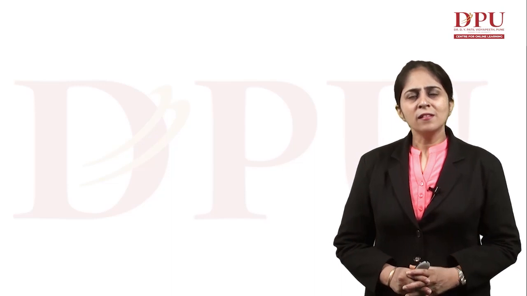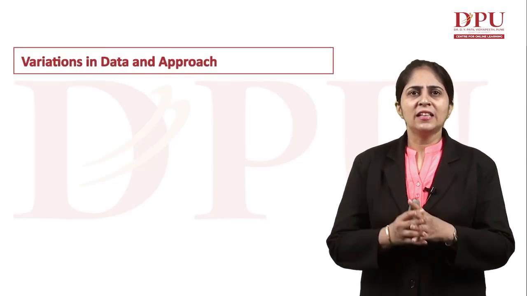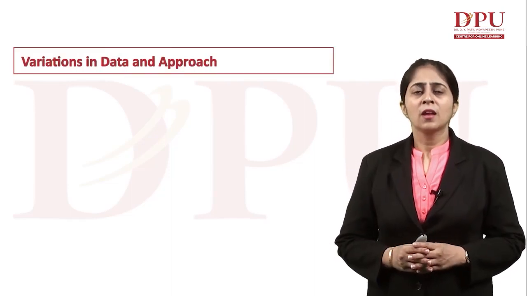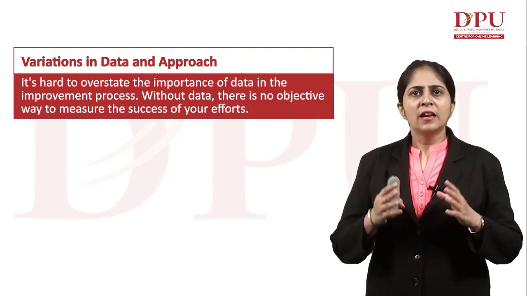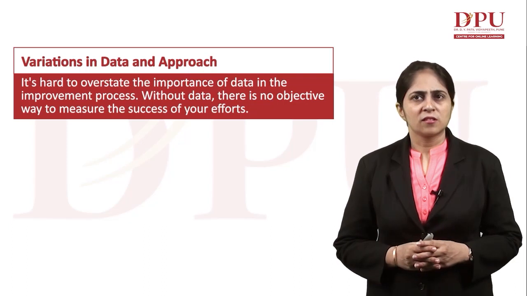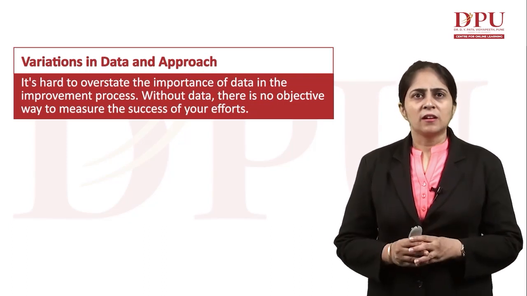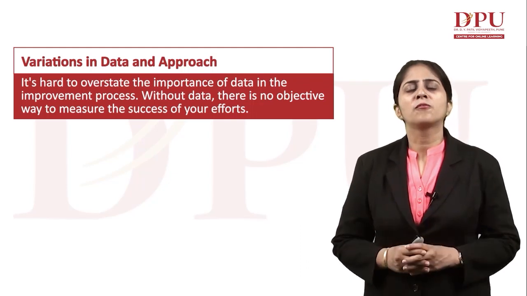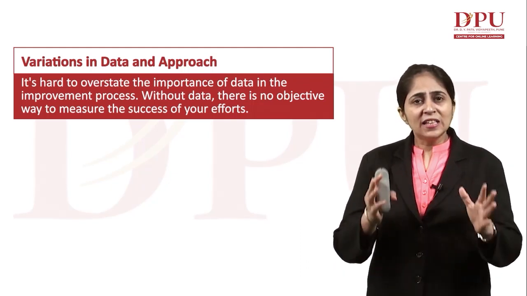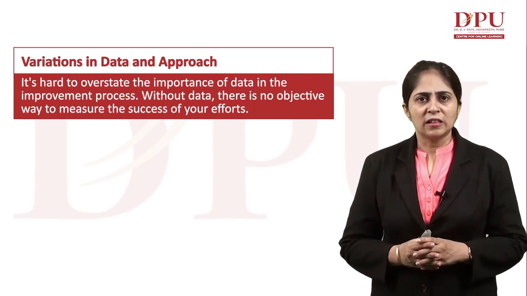Now our next topic is variation in data and approach. It's hard to overstate the importance of data in the improvement process. Without data, there is no objective way to measure the success of your effort. So data is the most important thing here.